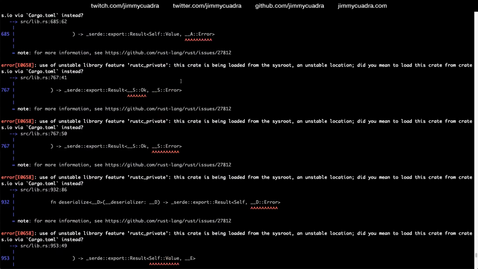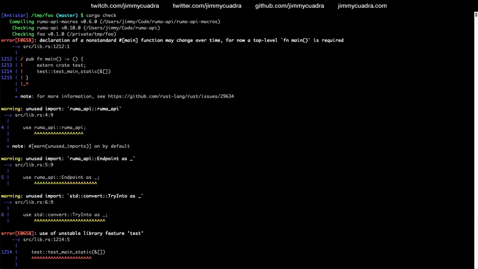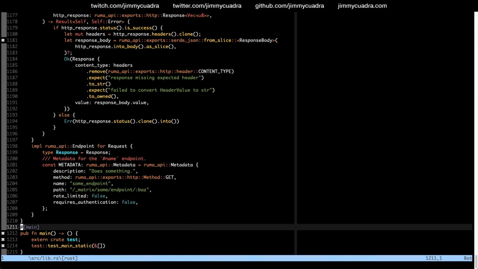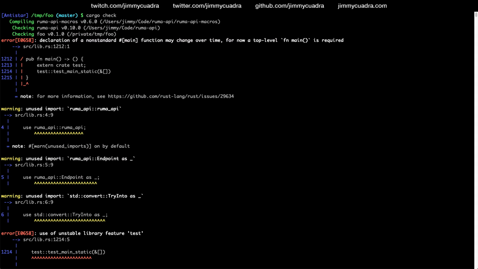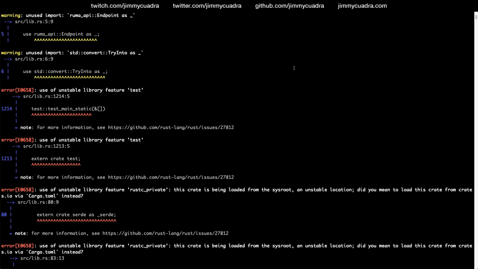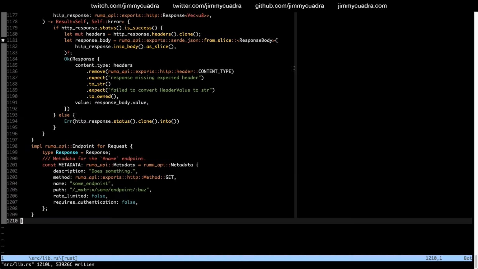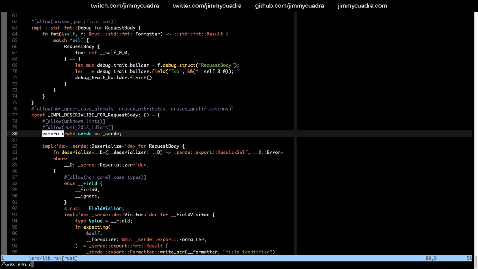Aha! Now, what is this nonsense about? Declaration of non-standard main function. Yes, forgot to delete that again. Unused imports. Unstable library feature test. Extern crate. Where's that appearing? Extern crate. Oh dear.